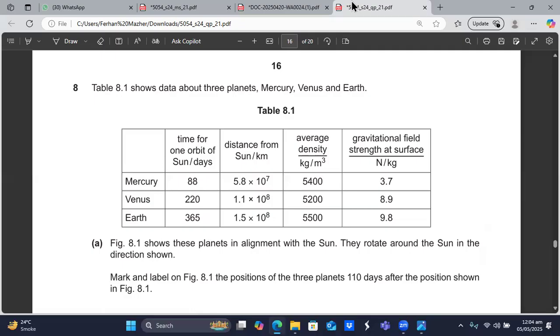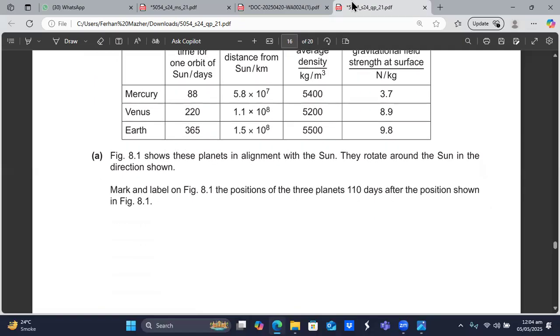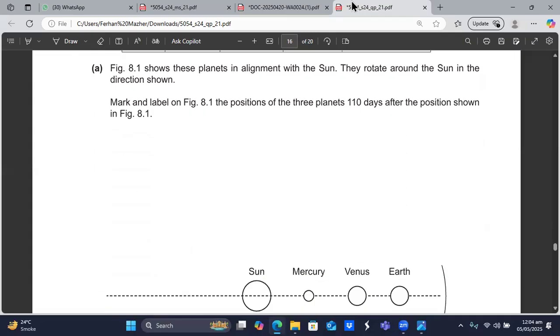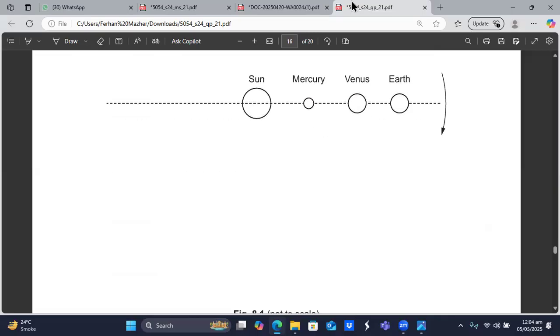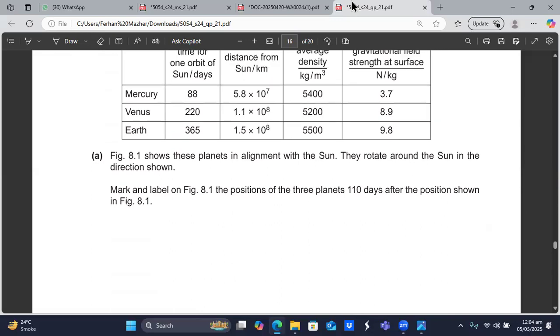Part A: Figure 8.1 shows these planets in alignment with the Sun. They rotate around the Sun in the direction shown. Mark and label on figure 8.1 the position of the three planets 110 days after the position shown. So I will have to find out the angle each planet would have moved around the Sun.